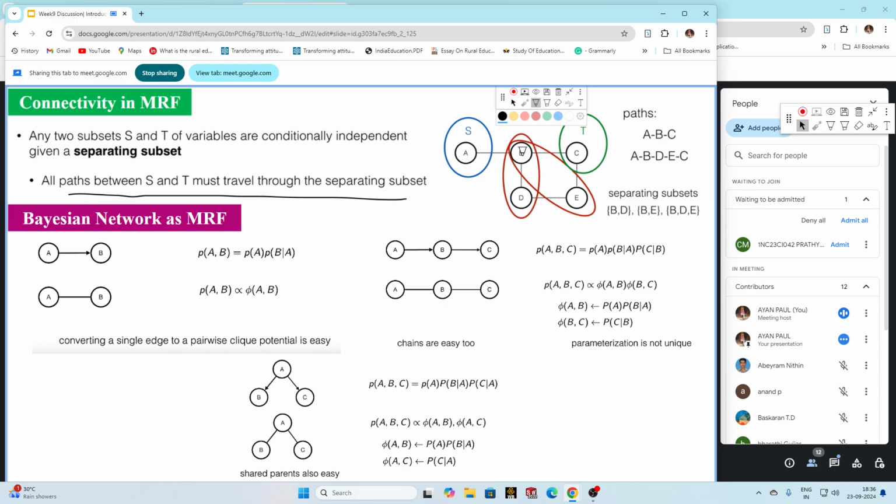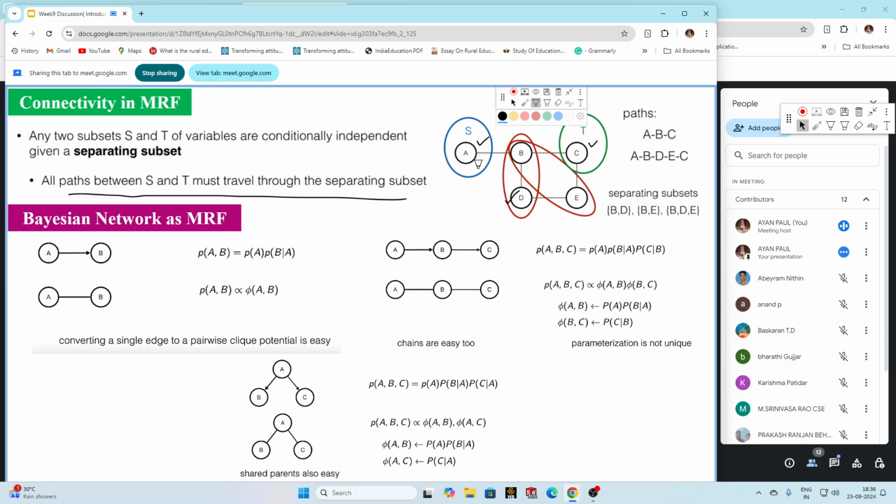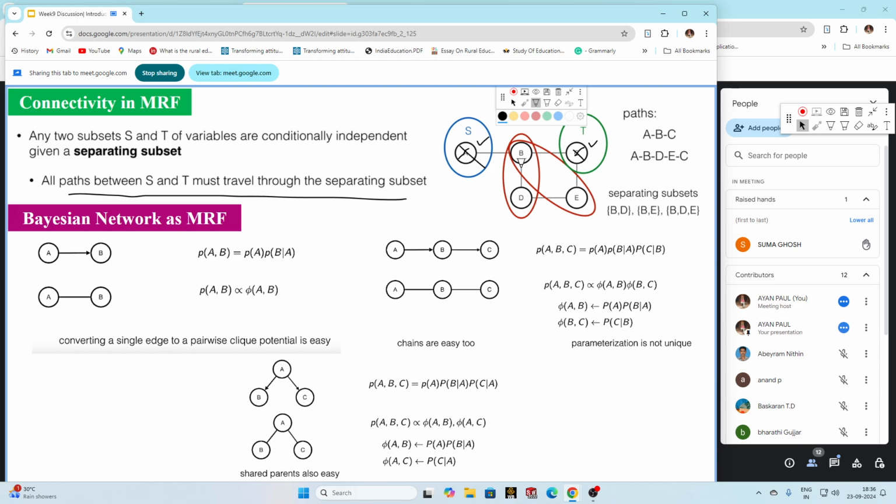If all the neighbors are given, then B and E are independent. But let's say D is not given, and C is given as well as A is given. Now what is the dependency of B and E?